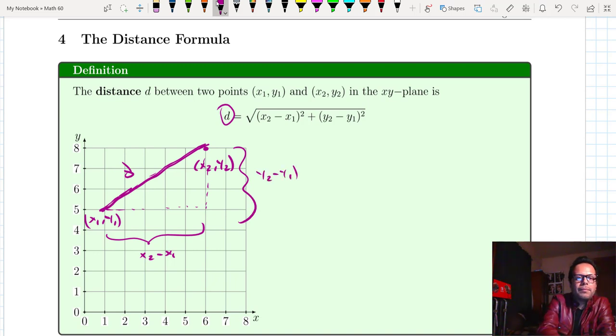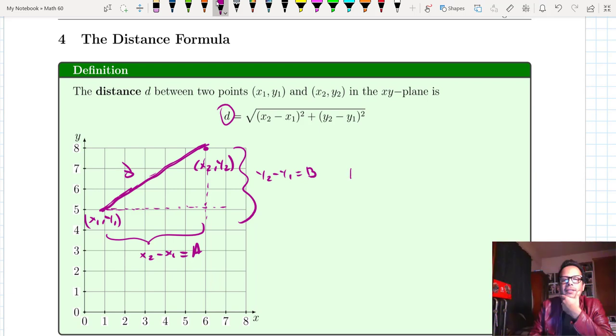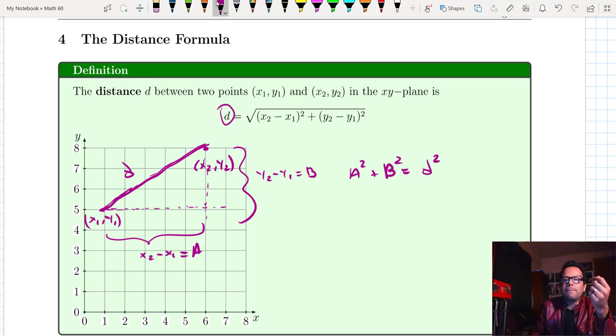So you might want to call this big A and this big B. This distance is generating a right triangle. And you might remember a powerful theorem for right triangles that relates the lengths of the sides and the hypotenuse.